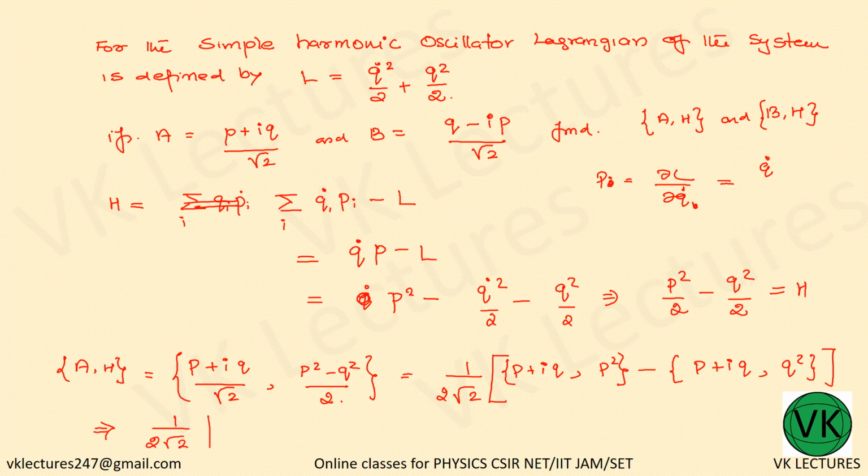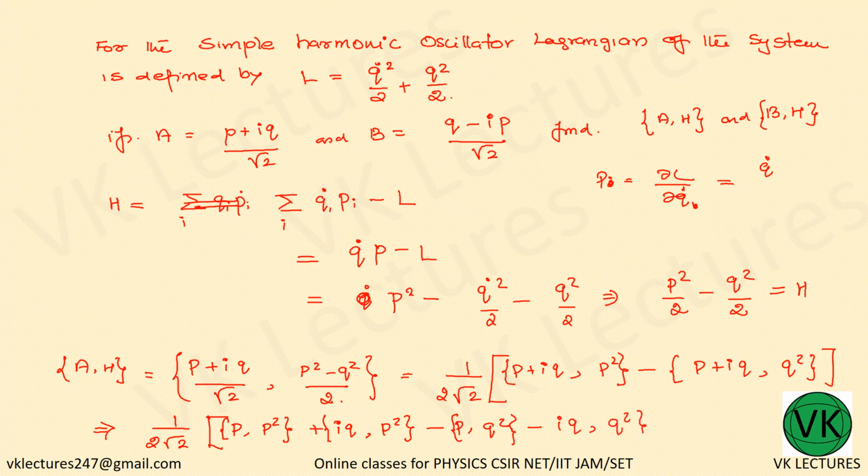1 by 2 root 2 into, this we can write as P comma P squared plus IQ comma P squared minus P comma Q squared minus IQ comma Q squared.